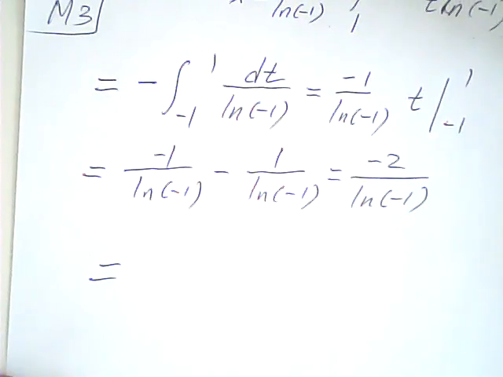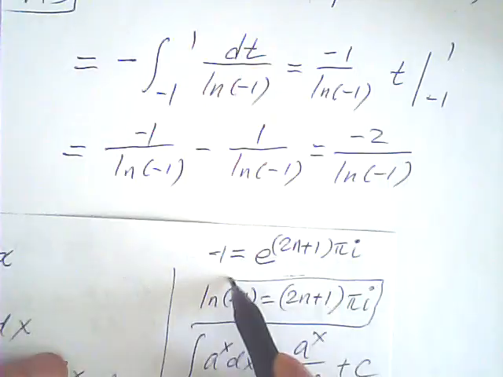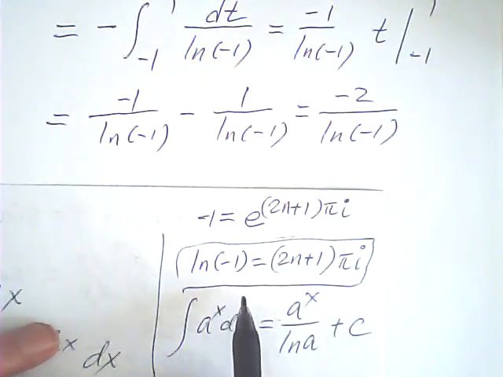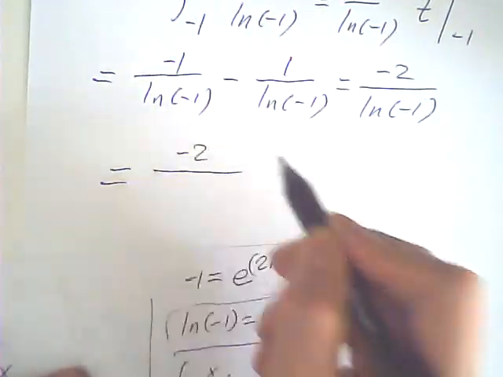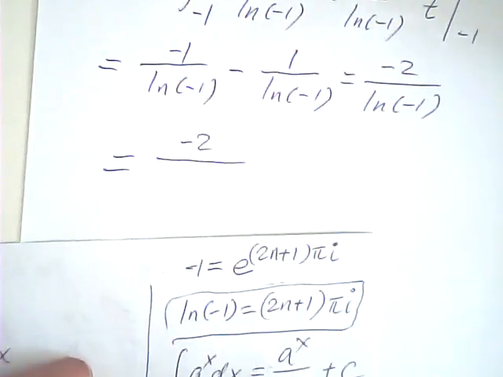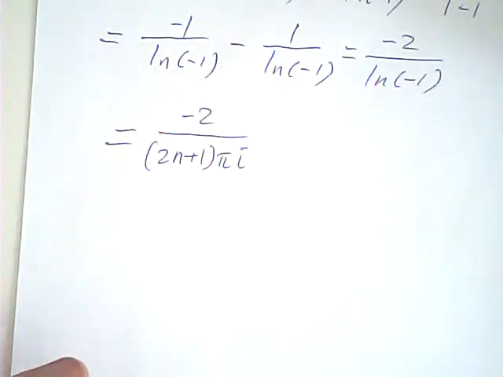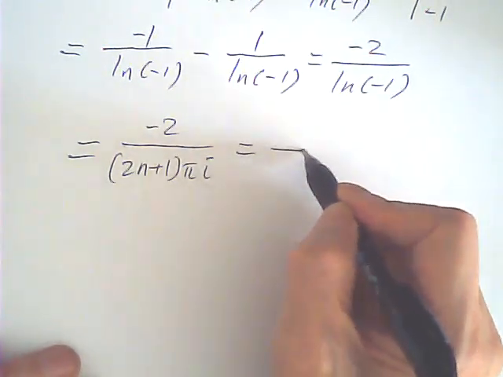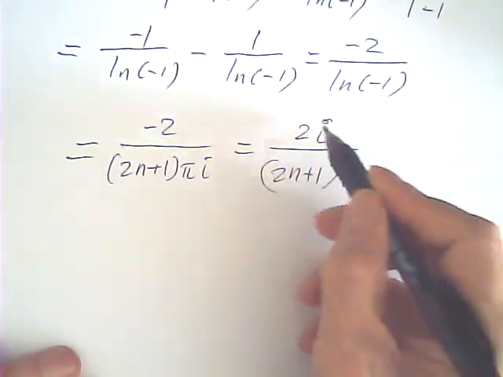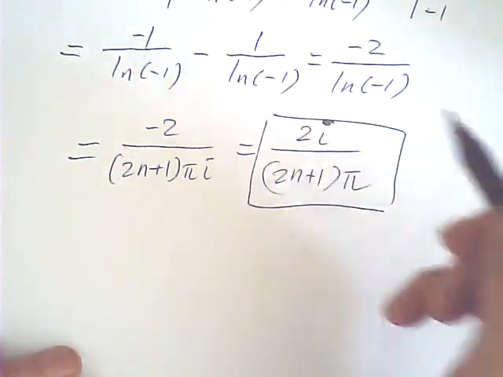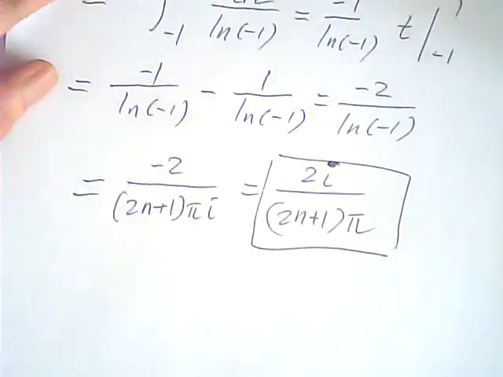Then I did it in the beginning, log of negative 1 is this. So it's negative 2 over (2n plus 1) pi i. Then I multiply by i both top and bottom, and it becomes 2i over (2n plus 1) pi. Well, we get the same result by method 3. Thank you.